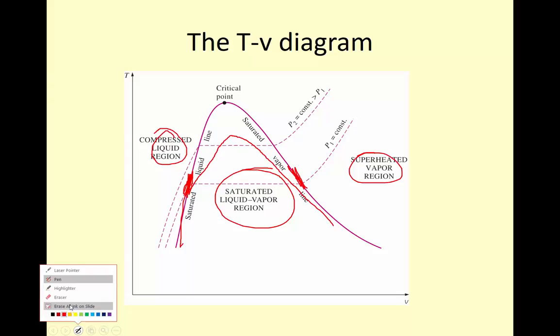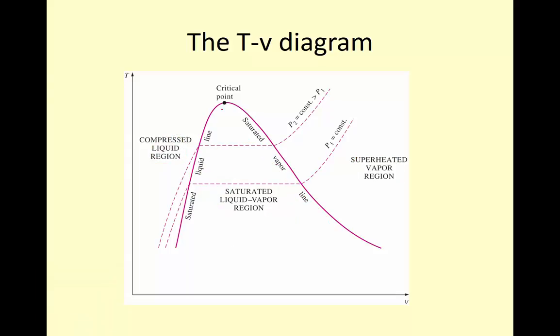And if we're looking at it on a TV diagram, the pressure is constant, and the lines are represented here in this manner. They always go from left to right with an increasing slope, or a steep slope, in the compressed liquid region, meaning that the specific volume does not change very much for a change in temperature.